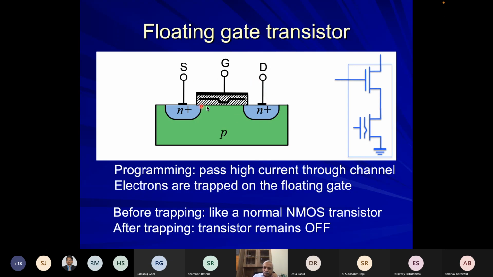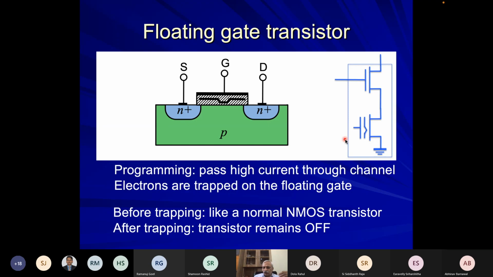But when a current is passed through the channel between these two N plus areas, some electrons get trapped on this floating gate. They remain trapped even if the current is no longer passing through. That is how you have a permanent storage here.